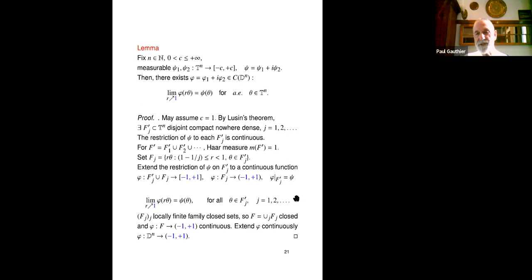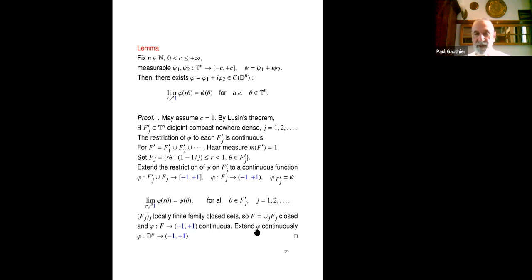Now this extension is only defined on these rays, but all these closed subsets of the polydisk form a locally finite family of closed sets. And so their union is also closed, and the function phi, which was continuous on each F_j, is also continuous on the union because the family is locally finite.